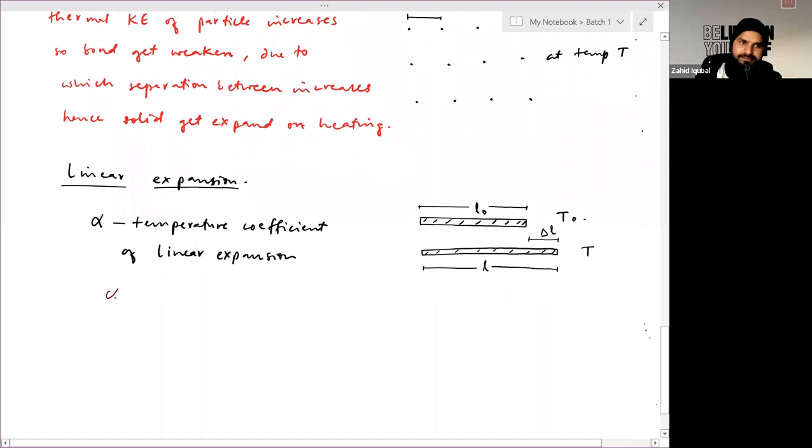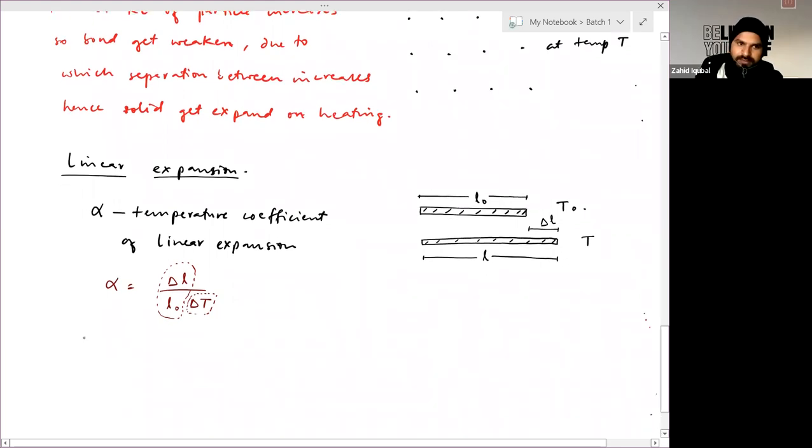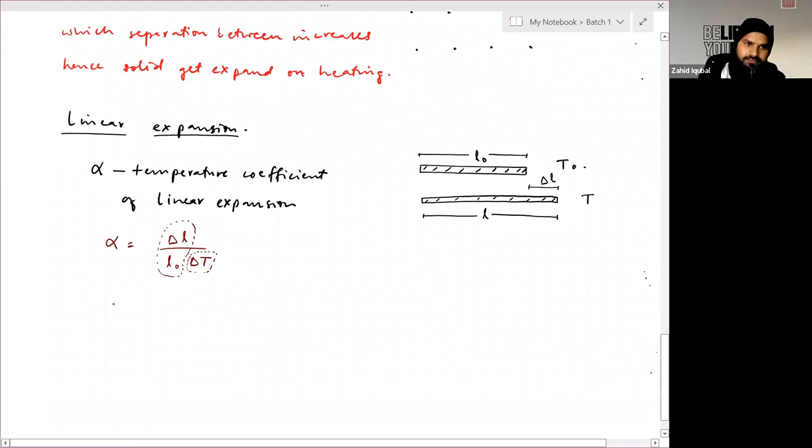So alpha is delta L divided by L naught times delta T. This particular quantity is nothing but fractional change in length. And this quantity, change in temperature. So we can say alpha is ratio of fractional change in length to the change in temperature.